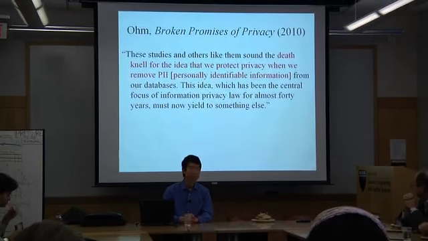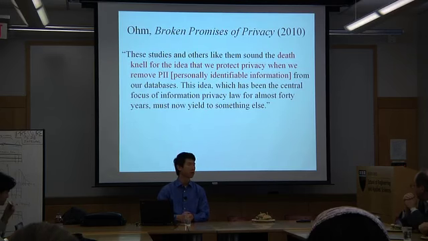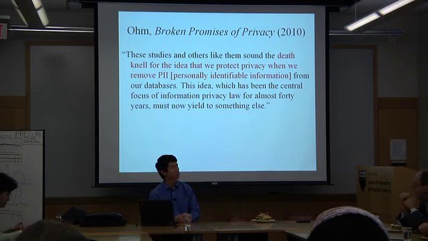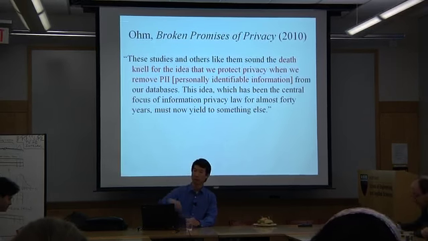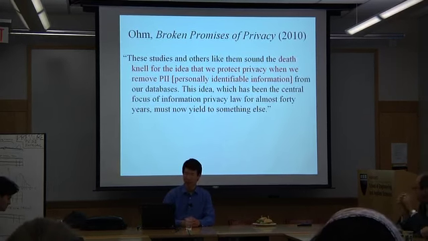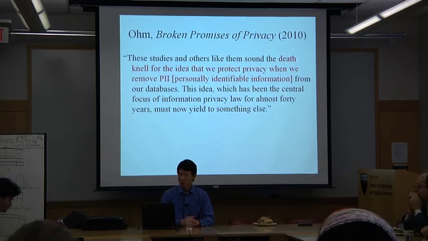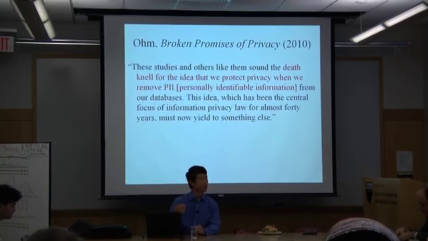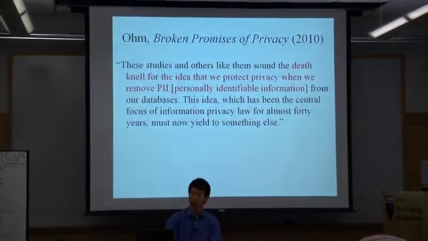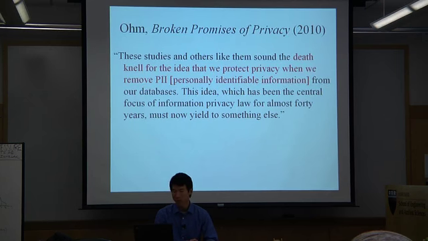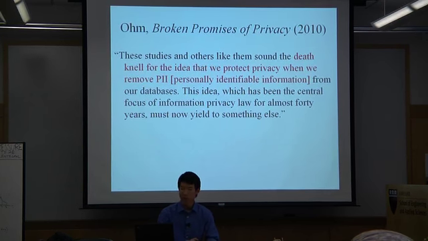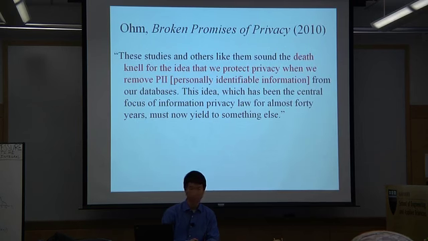And I'm going to tell you a little bit from the perspective of the law and policy folks about what folks have been saying with respect to these kinds of re-identification attacks and the like. So the most recent round of thinking about this problem was largely started by Paul Ohm, a law professor at the University of Colorado, who wrote a couple years ago, "These studies and others like them sound the death knell for the idea that we protect privacy when we remove personally identifiable information from our databases.